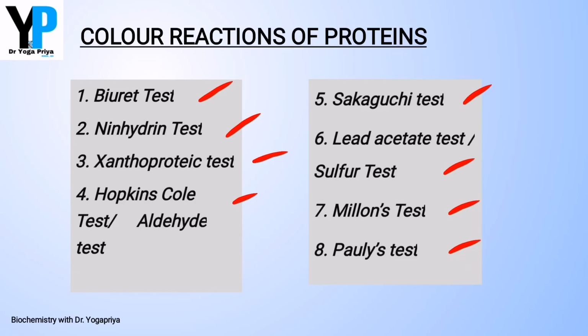Peptones, which are a partial degradation product of proteins with low molecular weight, can also be detected by this method. Next comes mucin, a mucoprotein present in saliva. So different protein molecules can be detected by these eight different color reactions of proteins.